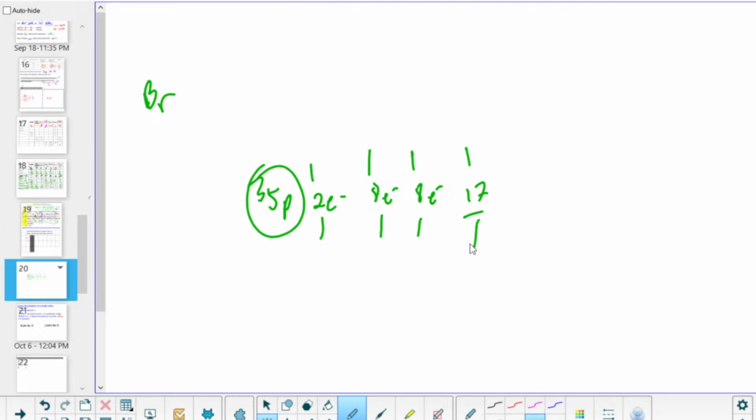And that's what I would expect you to come up with. The actual structure is this: bromine has a structure of 2, 2,6, 2,6, and 2,10,5.